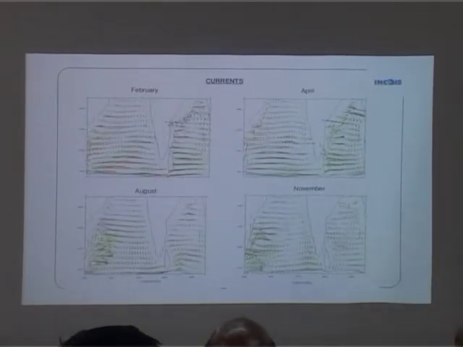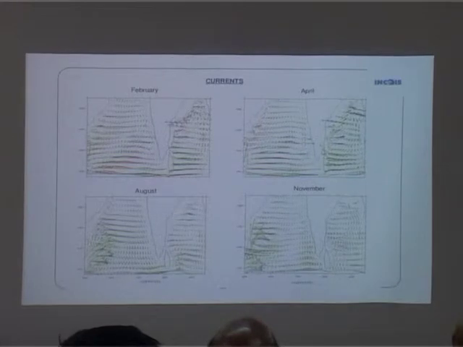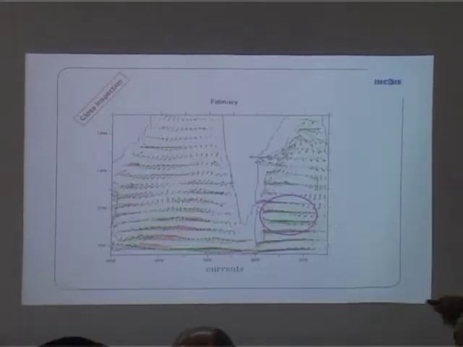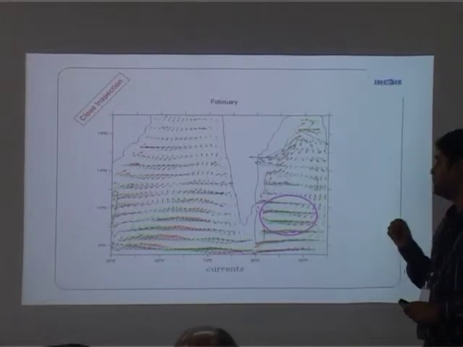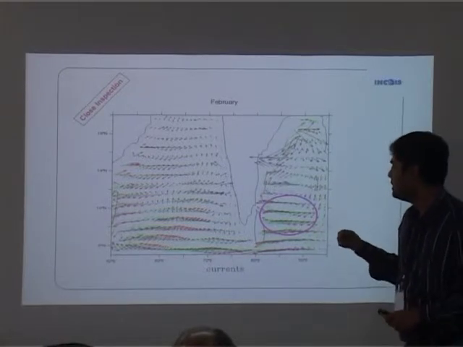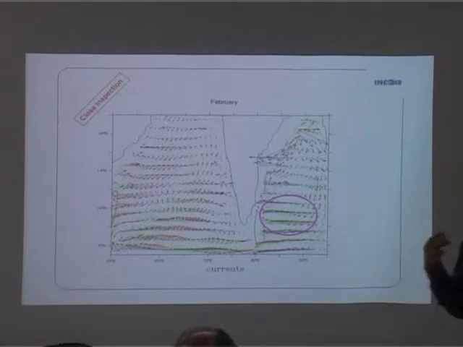Next we try to see whether assimilating sea surface anomaly data triggers any improvements in currents or not. This is a closer inspection of this. With the same notation, the black is the free model run, the red is the observation, and the green is after assimilation.